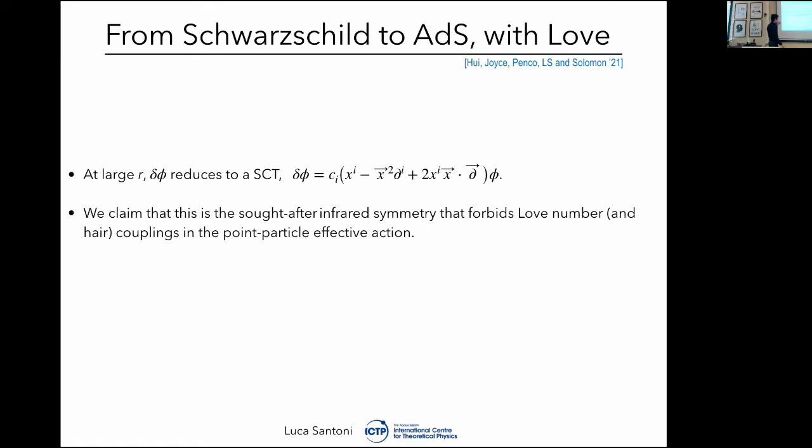In fact, this symmetry reduces to the special conformal transformations of flat space-time. We claim that this is basically the infrared symmetry that forbids Love number couplings in the point-particle EFT. A special conformal transformation is basically what I've written there.